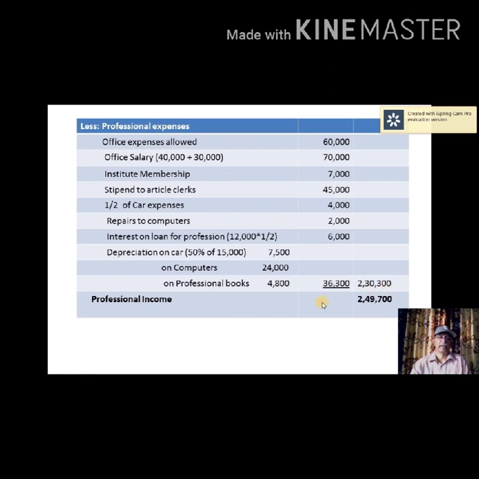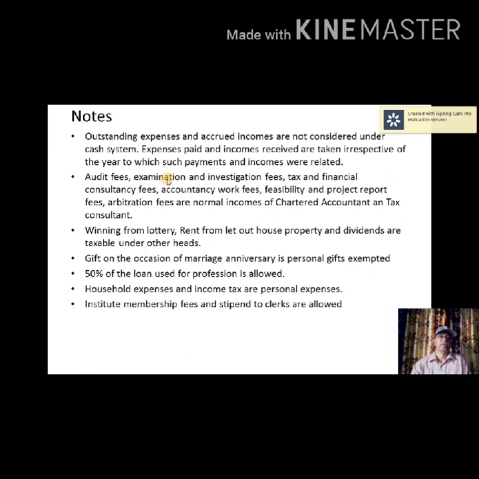Put together, ultimately the professional income, that is professional receipts minus professional expenses. So what you get is professional income. Now look at the notes provided here, explanation to the treatment of different items. Outstanding expenses and accrued incomes are not considered under the cash system.